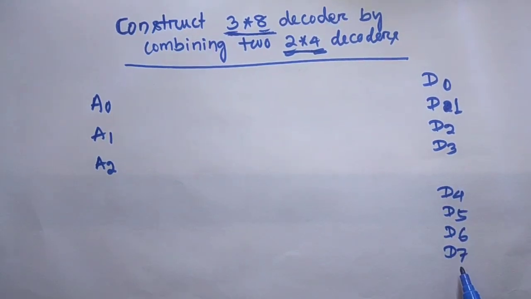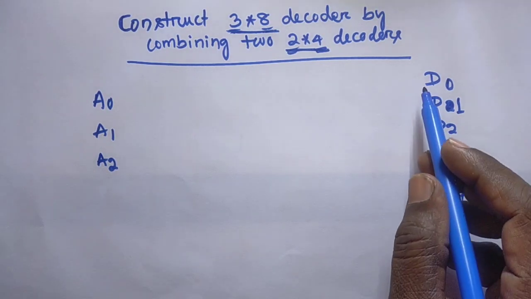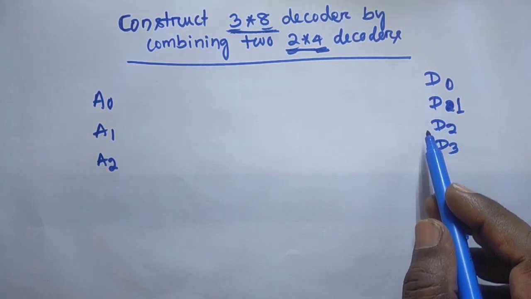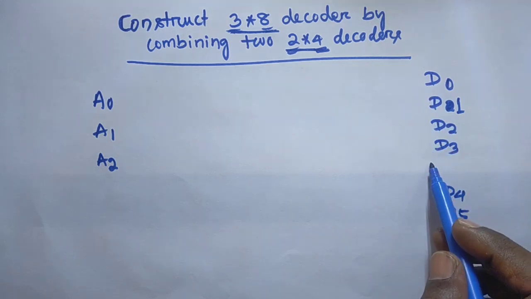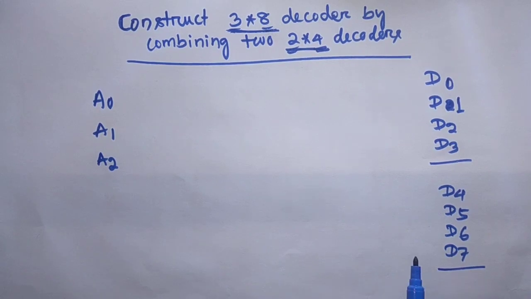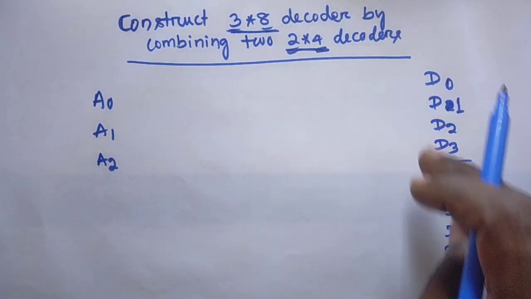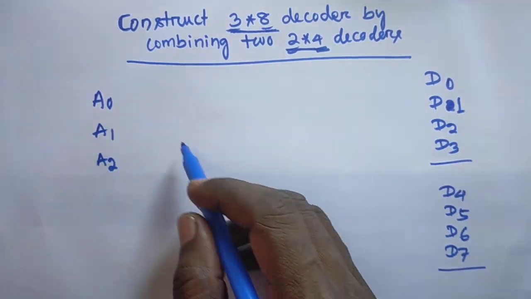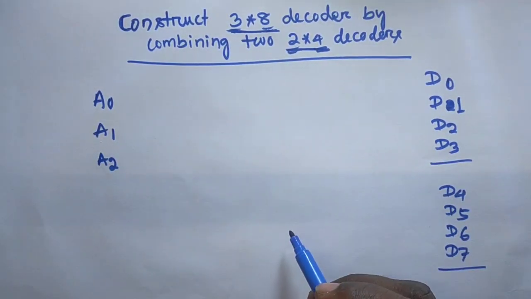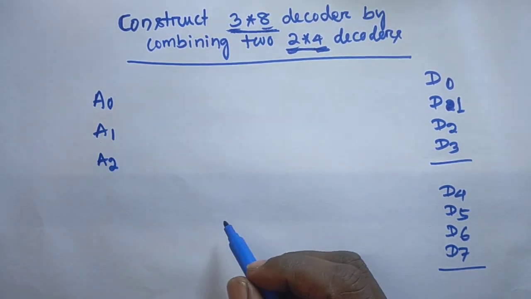Why is it written this way? Because we have to design the 3 to 8 decoder with the help of 2 into 4 decoders. One 2 to 4 decoder is defined for this part, and another 2 to 4 decoder is defined by this part. Then we combine them to make a 3 to 8 decoder with the help of 3 inputs A0, A1 and A2.